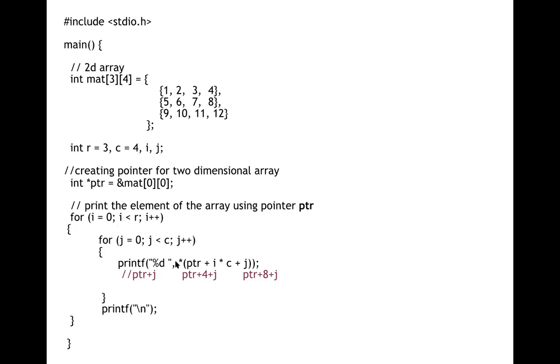Then PTR plus 8 plus 0, PTR plus 8 plus 1, and so on. This I into C is to move one row. I is 0, 0 into C is the first row. I is 1, 1 into 4, so I move 4 integers and come to the second row. I is 2, 2 into 4 is 8, so I move 8 integers and come to the third row.